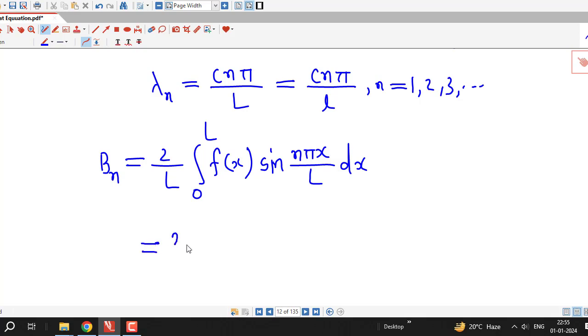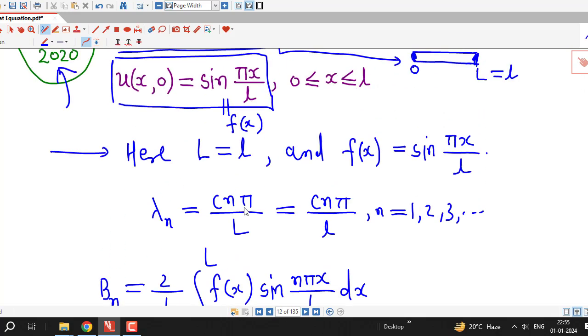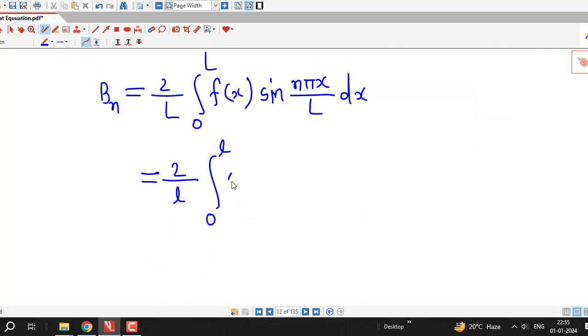The length of the bar is denoted by small l, so we replace capital L by small l. Function f(x) is sin(pi x divided by L), that we write here as sin(pi into x divided by small l), and here also we replace the length of the bar by small l, integral with respect to x.